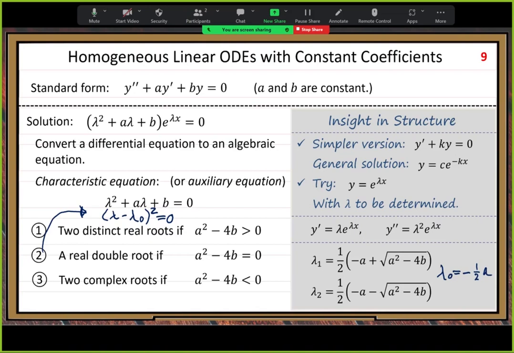Two complex roots. Do you feel comfortable dealing with complex roots, complex numbers? The square root of -1. This special notation, i equals the square root of -1.